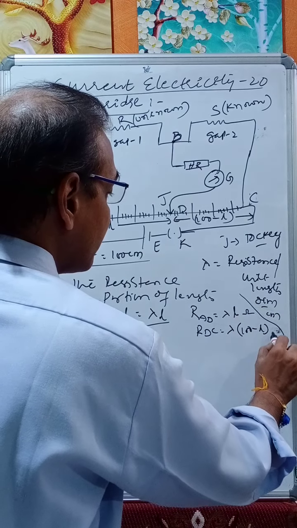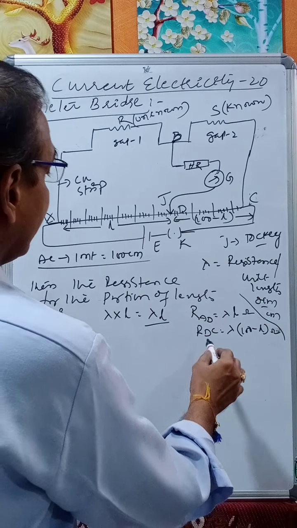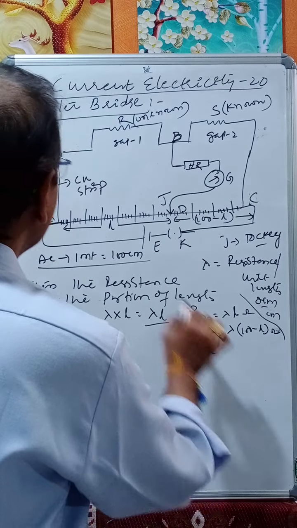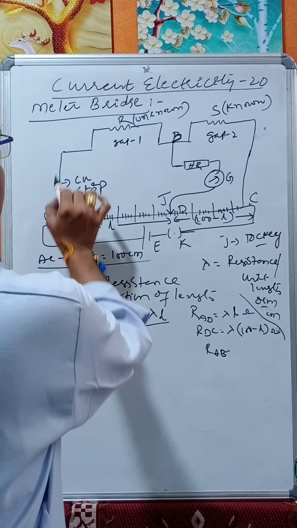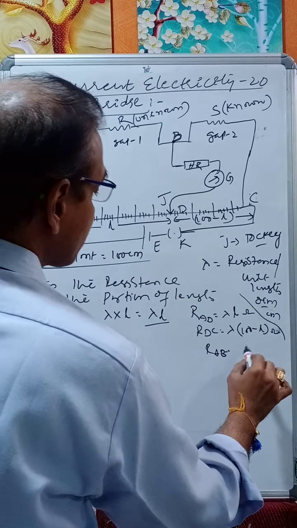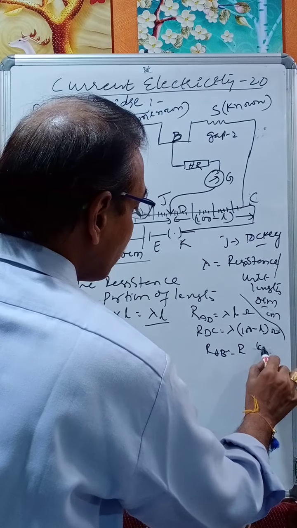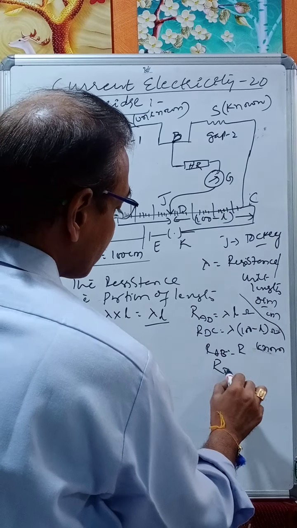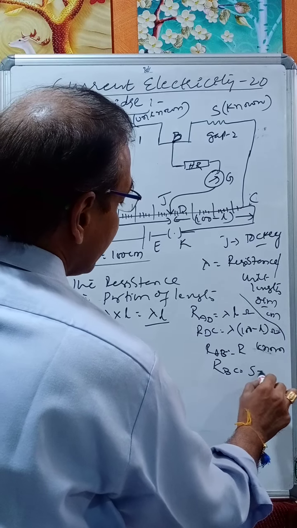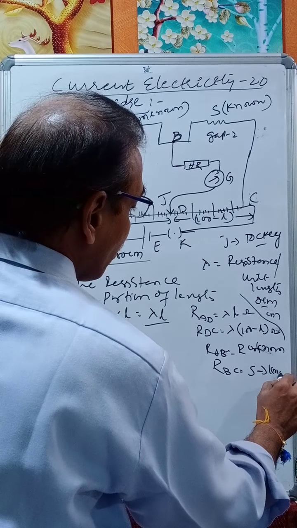Resistance RAB is R, the unknown, and resistance RBC is S, the known.